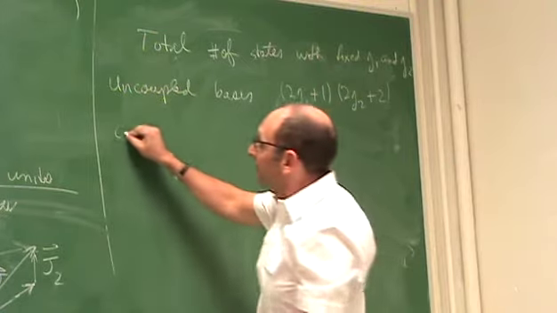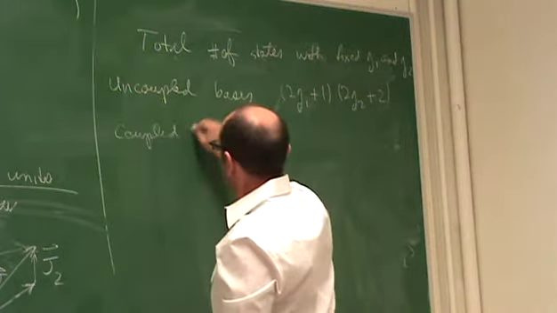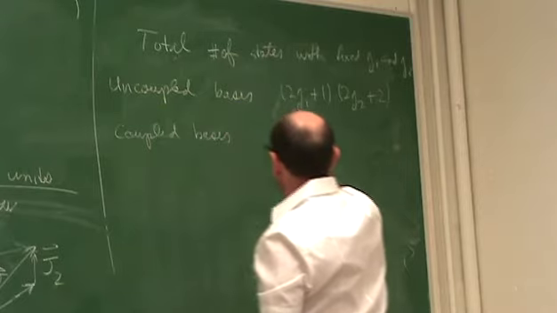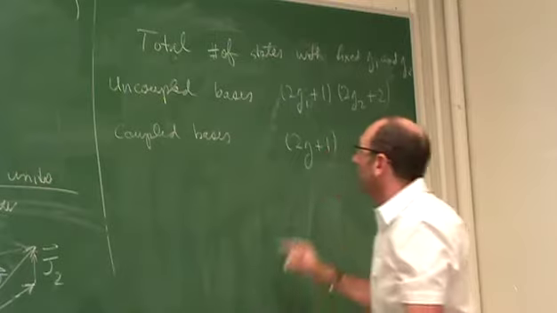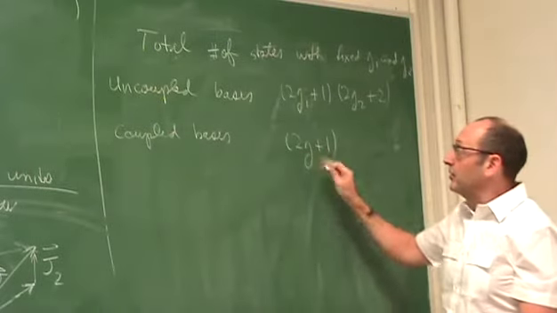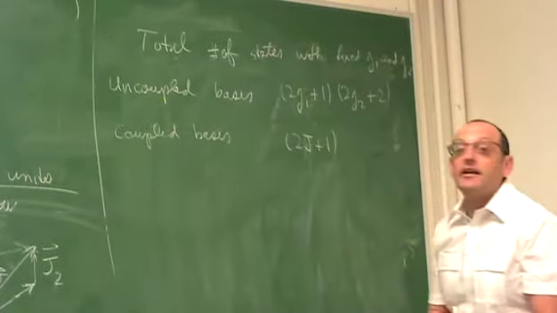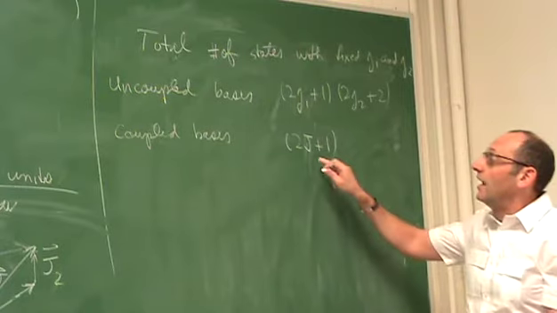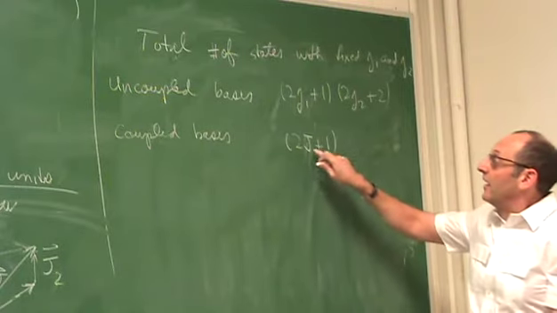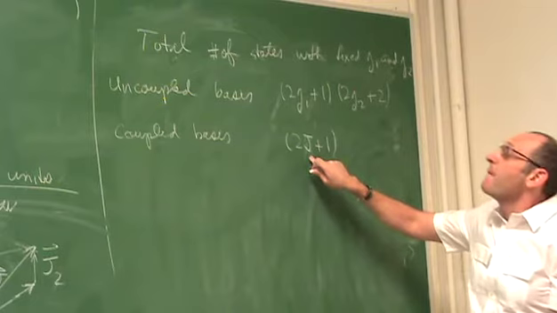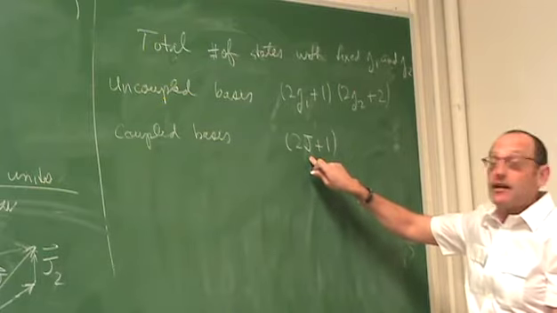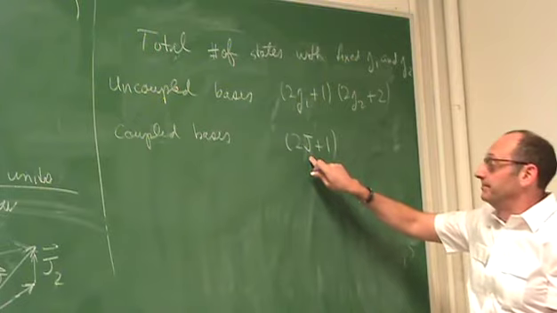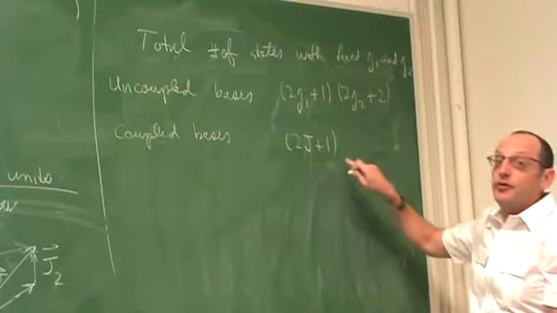In the coupled basis, the Jz eigenvalues, M sub J, can go from minus J to J, so 2J plus 1.